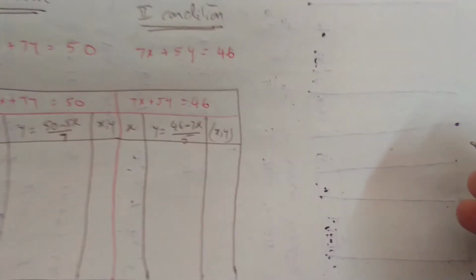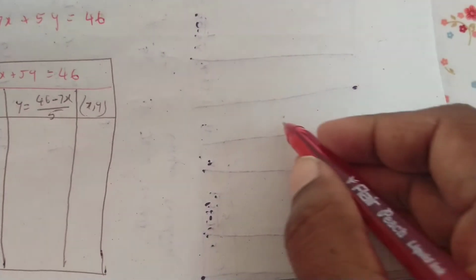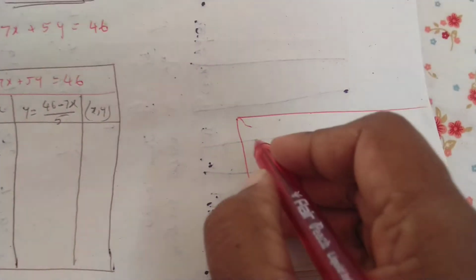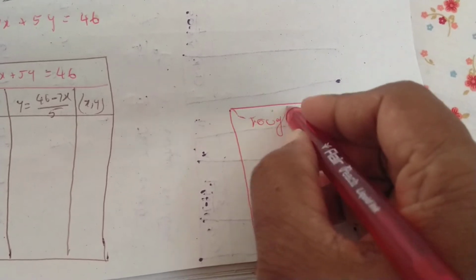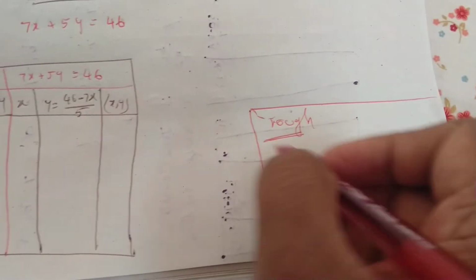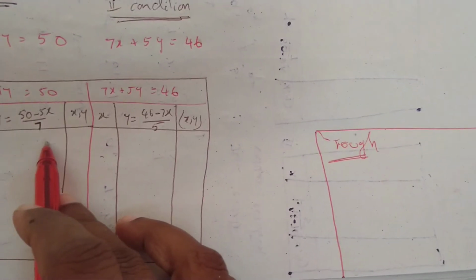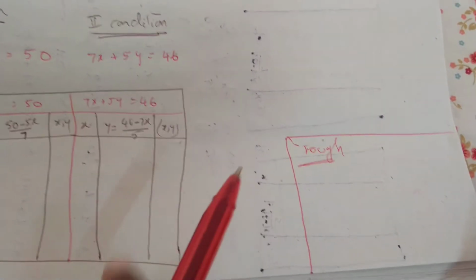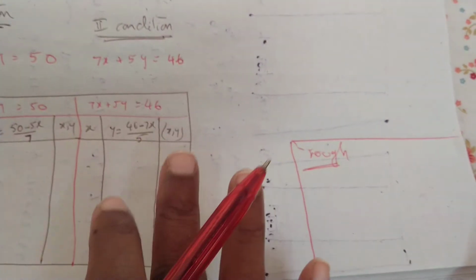So let me do my rough work here. It is easy if you first find out x and y values. Here the solution is unique.